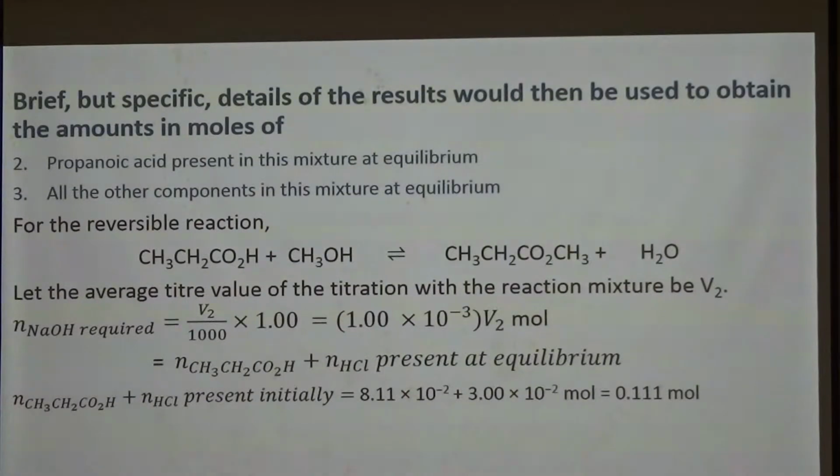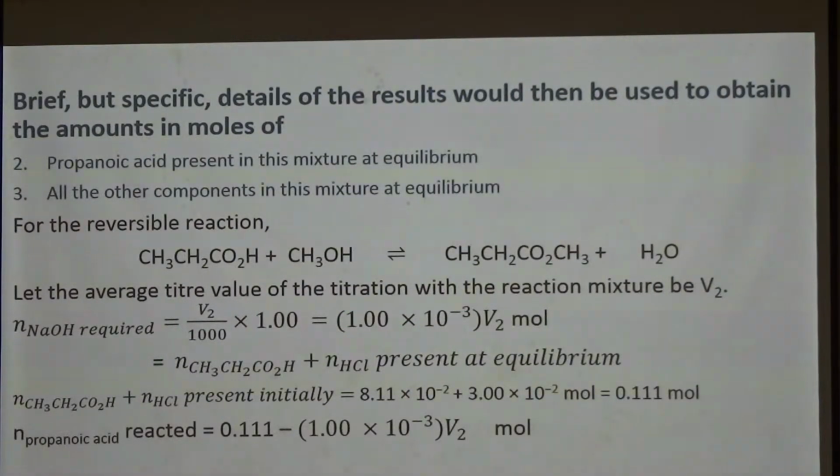Okay? Which means that the amount of propanoic acid that actually reacted in the forward reaction will be equal to the initial amount, minus the amount at the end.